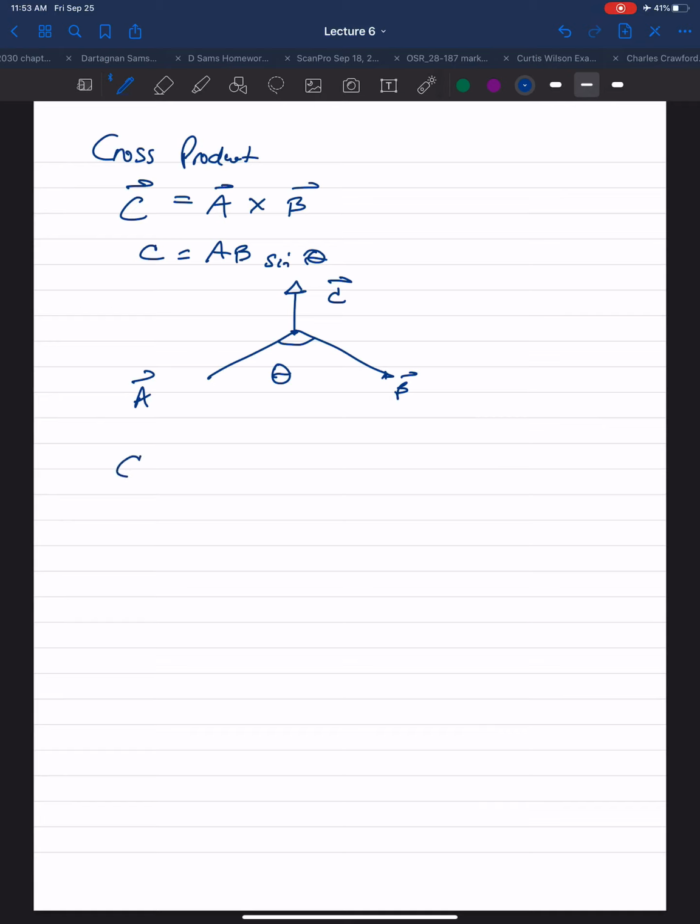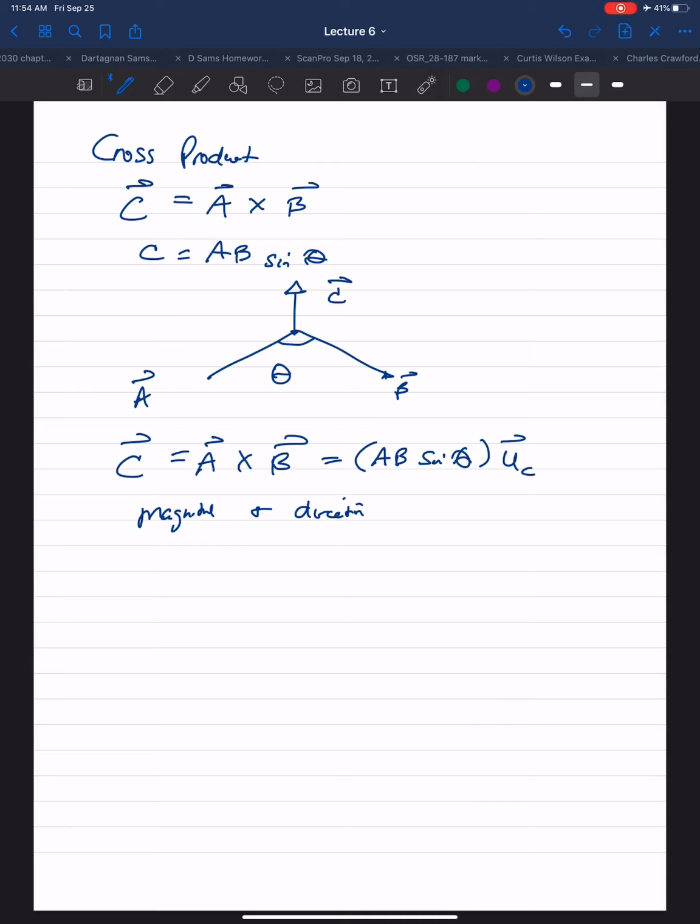Therefore, we can write vector C equals vector A cross vector B as AB sine theta times unit vector U sub C, because remember, vectors are defined as magnitude and direction.